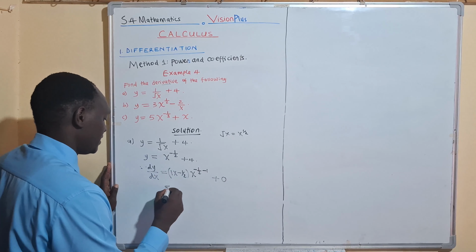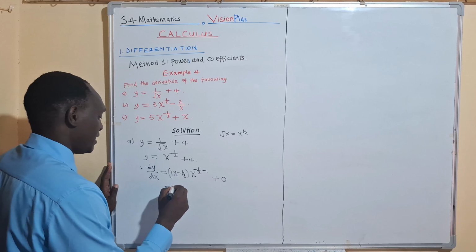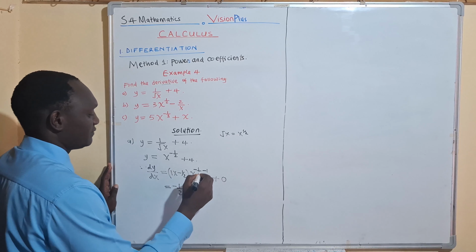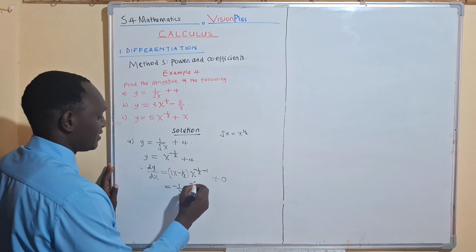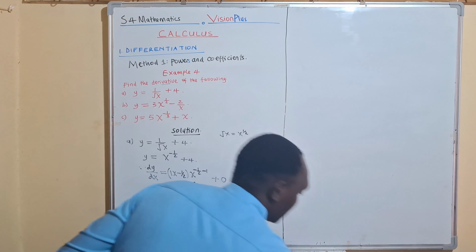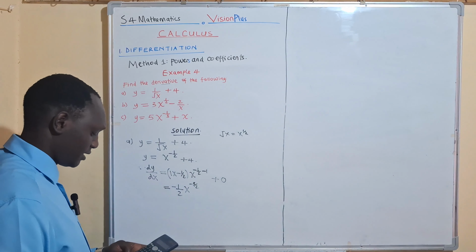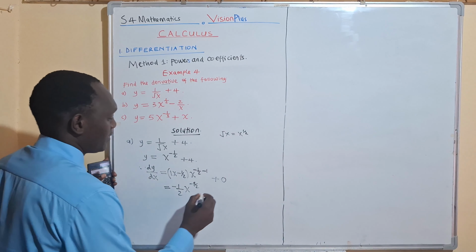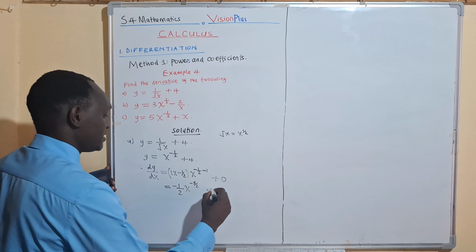Then we simplify. 1 times negative half is negative half, x. Negative half minus 1 is negative 3 out of 2. There's the calculator. Negative half minus 1, yes, negative 3 out of 2, plus 0. So this is the answer.